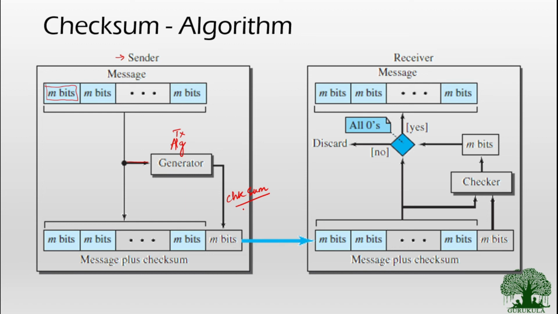This checksum value is appended to the data bits, and then the data bits plus the checksum will be transmitted over an unreliable channel.